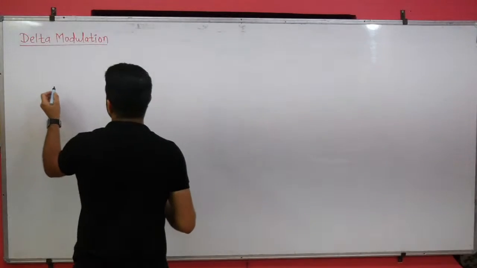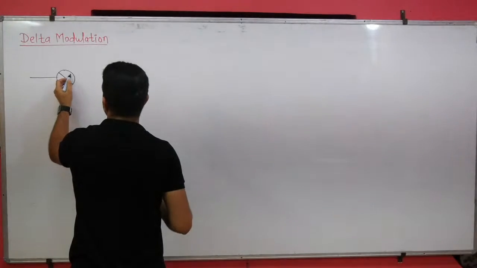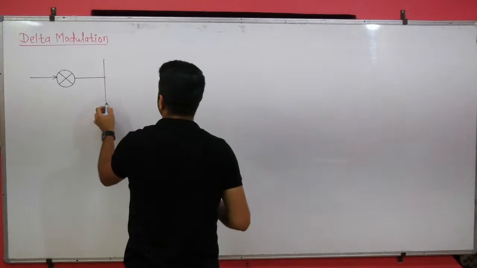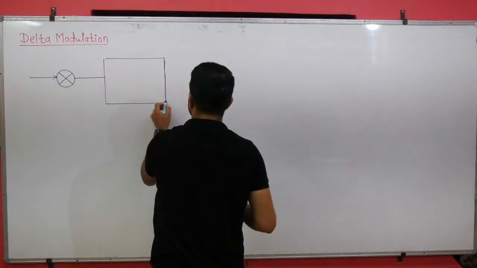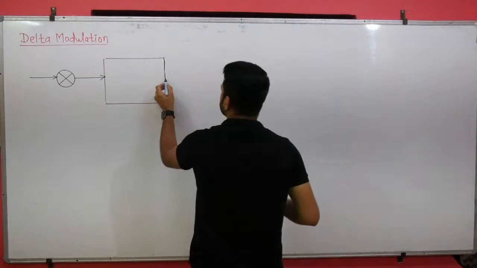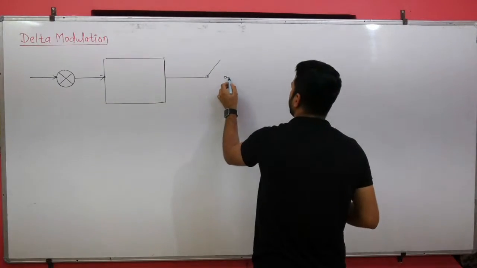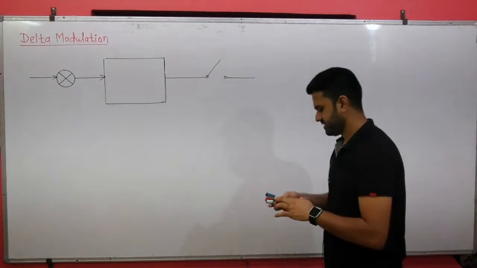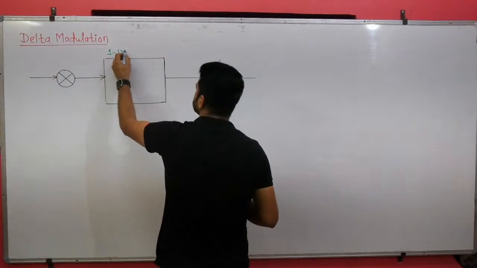Okay, so here we are having the message signal, and when we take the difference between the two signals, it is important to make you understand. So that is why I am not moving fast in the digital communication. So in delta modulation, we use 1-bit quantizer.